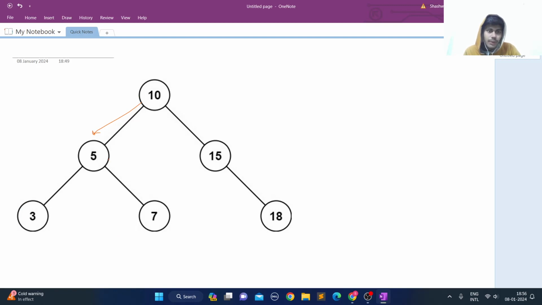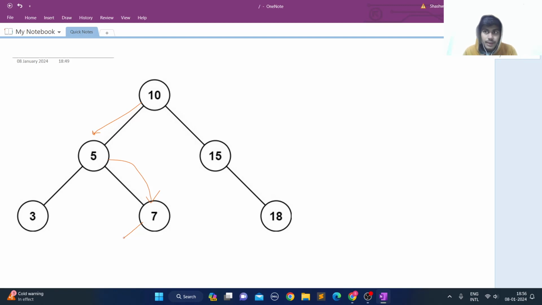So we are going to the right hand side, and we see 7. Hey, are you in that range? And he says, yeah, I am in that range. So we'll collect that value, and then we move to the left hand side. Just remember one thing: if it is belonging to the range, you have to go to both sides, because chances are there that values on the left hand side and on the right hand side can come into that range.